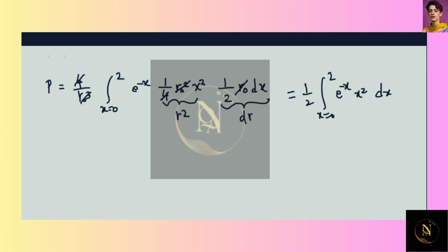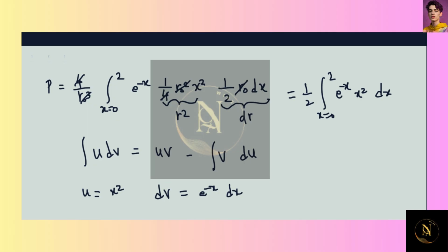Now to solve this equation, we use integration by parts, and the integration by parts formula is integral of u dv equals uv minus integral of v du. Here we have u as x square, dv as e to the power minus x dx, which gives us v as minus e to the power minus x.